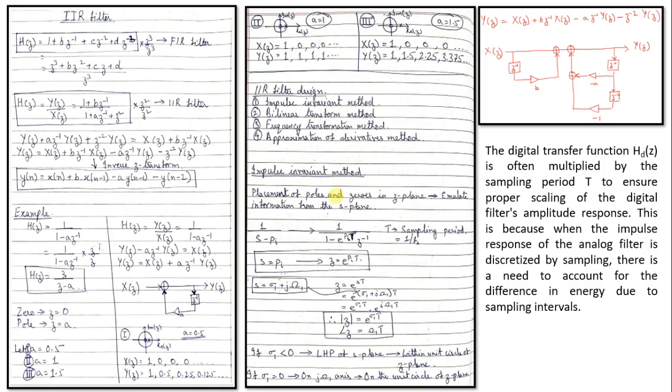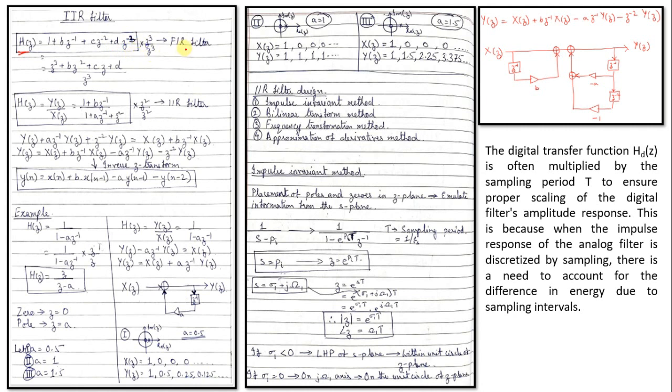If you look into the equation of an FIR filter, we have H(z) equals 1 plus B z inverse plus C z to the power minus 2 plus D z to the power minus 3 and so on.